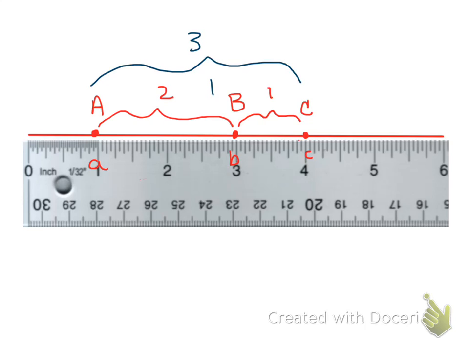We know 2 plus 1 does equal 3, so it makes sense. And we only are guaranteed that if B is between A and C on the line. If B was someplace else, like let's say out here somewhere, then the distance between A and B plus the distance between B and C would not equal the distance between A and C.